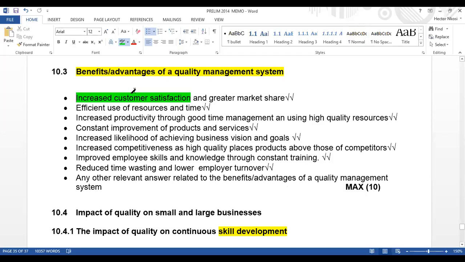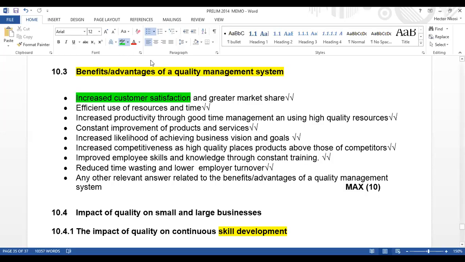Increased customer satisfaction, because if the majority of people like the product, then by default you are increasing customer satisfaction.